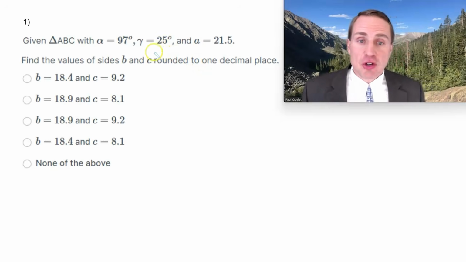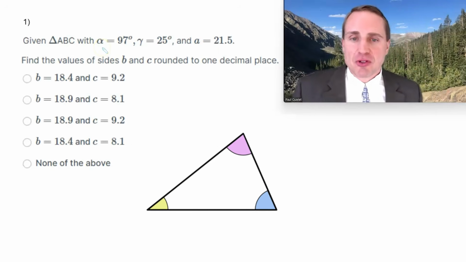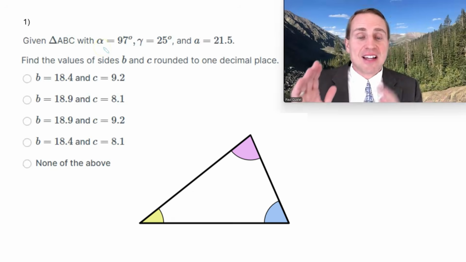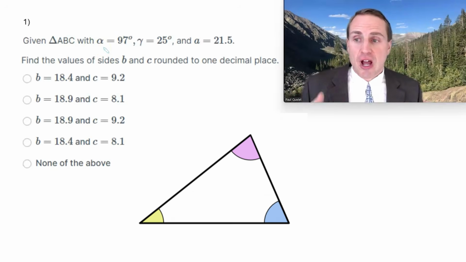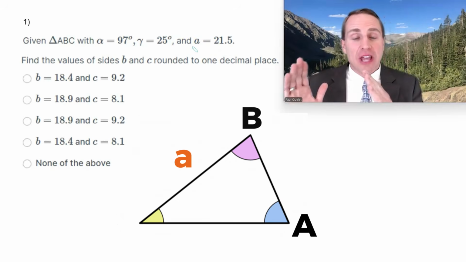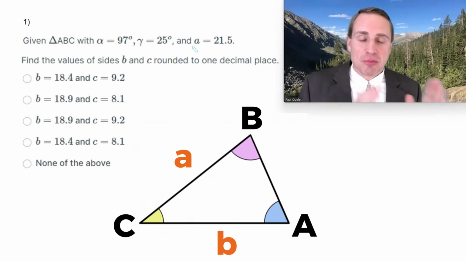So the convention, whenever we're solving a triangle and we have known angles and known sides, especially using trigonometry, is we want to set up the triangle in such a way that this is not necessarily a right triangle, so we won't use right triangle trigonometry. And then angle A is across from lowercase a, angle capital B is across from lowercase b, and angle capital C is across from lowercase c.